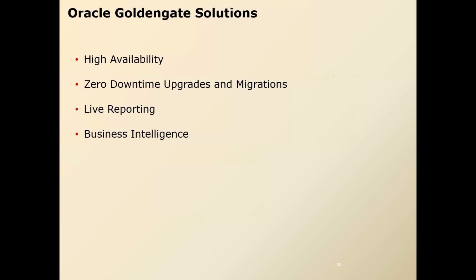But for more details like how much it costs, I'm here to answer all your technical questions or technical queries. If there are financial things related to the Goldengate product, then of course the product is owned by Oracle.